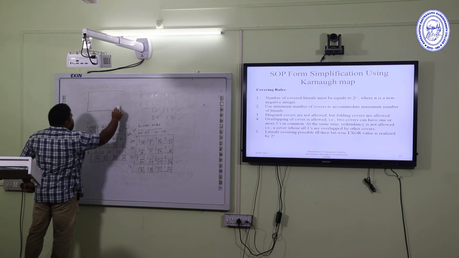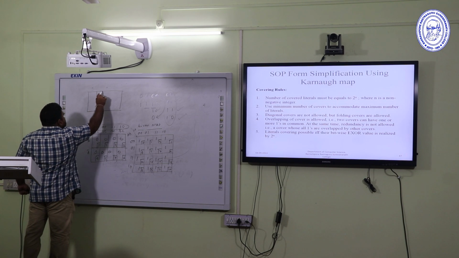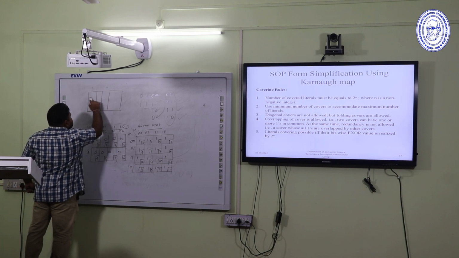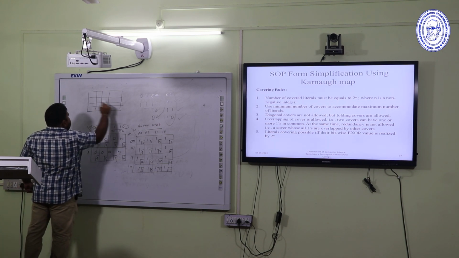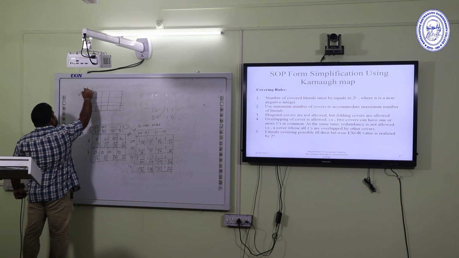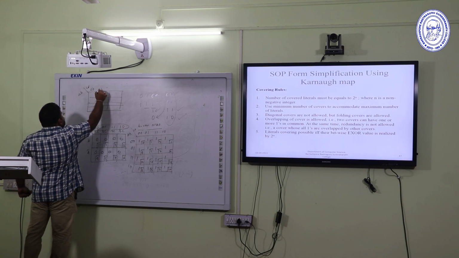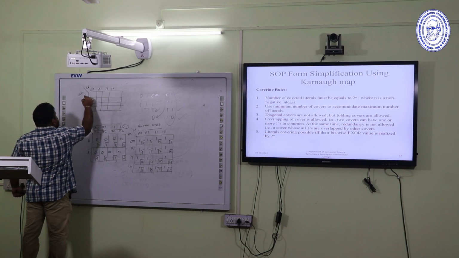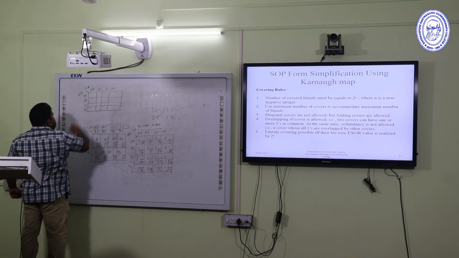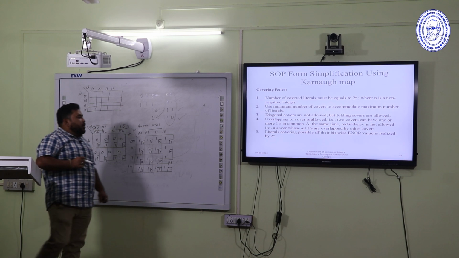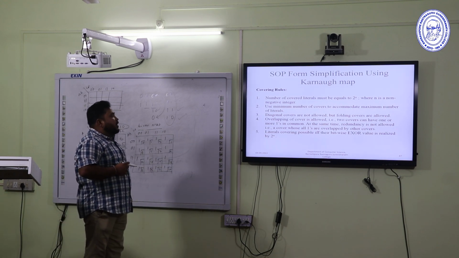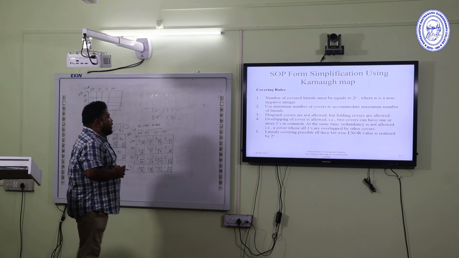Suppose we are taking a 4 variable map, that is A, B, C, D. According to the first rule, the number of covered literals must be equal to 2 to the power n.